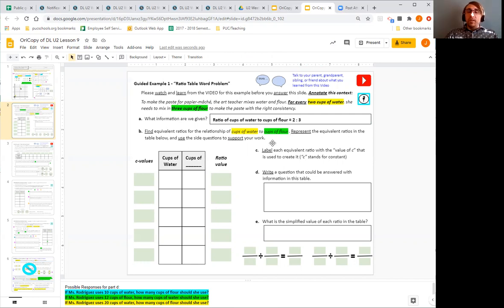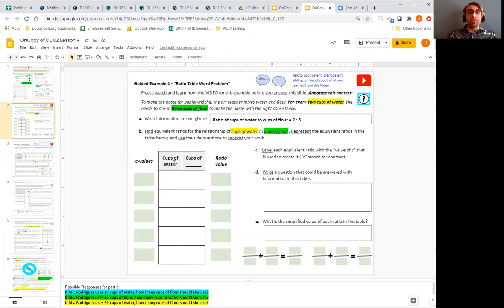So now we're going to represent this ratio in multiple possibilities. So right now we see only one possibility, 2:3, but there are other possibilities. Like what if this art teacher, Ms. Rodriguez, for example, doubles the recipe? The consistency will still be the same of this paste, but it'll be more. And if she's doing it for a whole class, she might actually need more than just 2 cups and 3 cups.